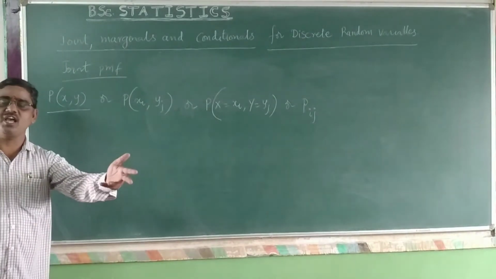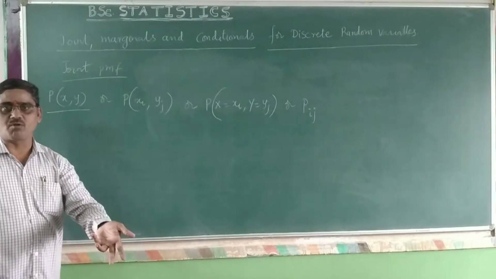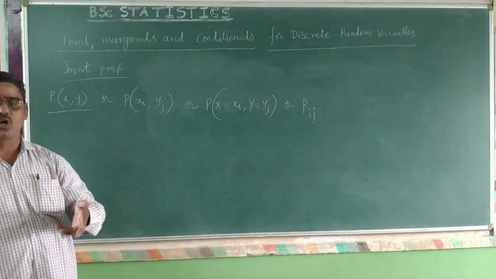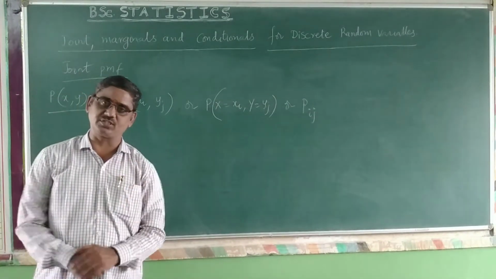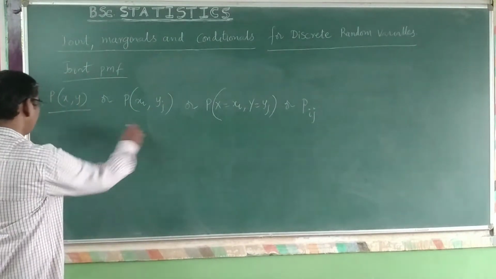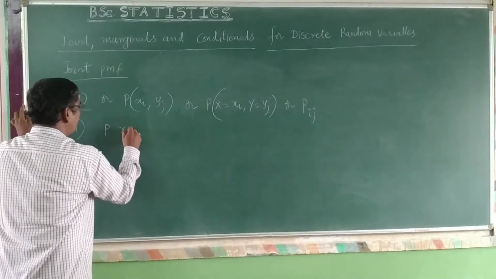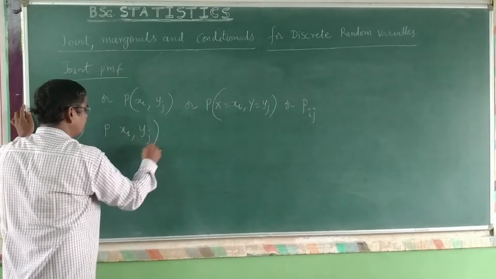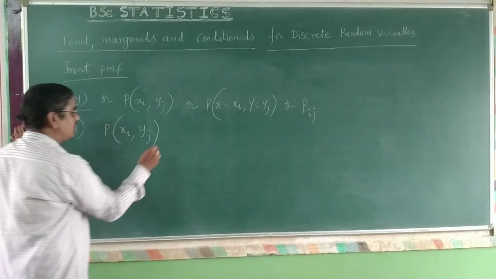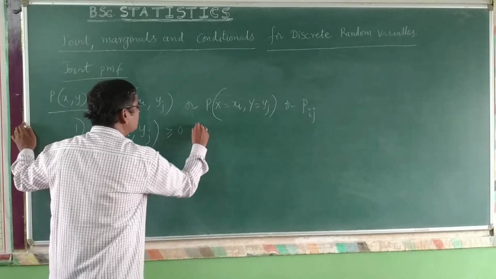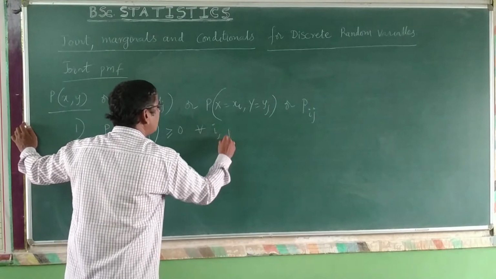When you say this is a joint probability mass function, it must satisfy two conditions. The first condition is that probability of xi and yj is always greater than or equal to 0 for all i comma j.